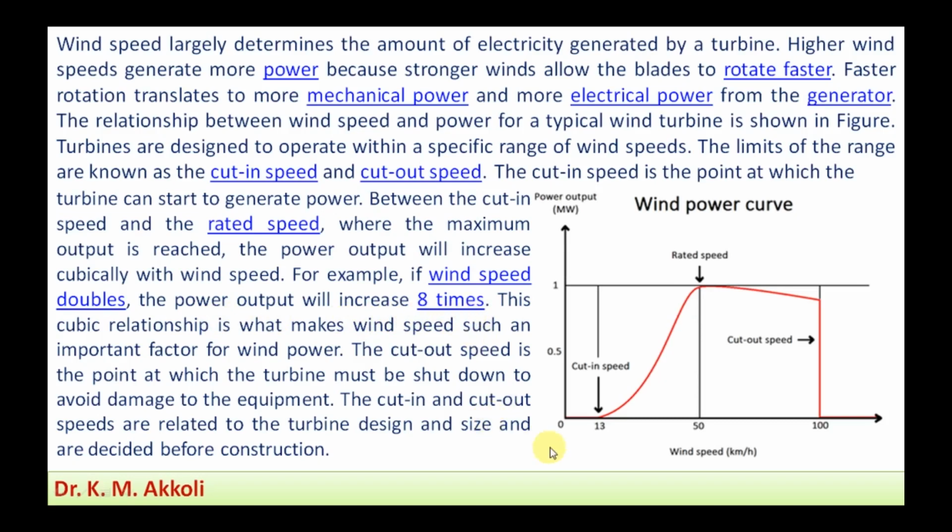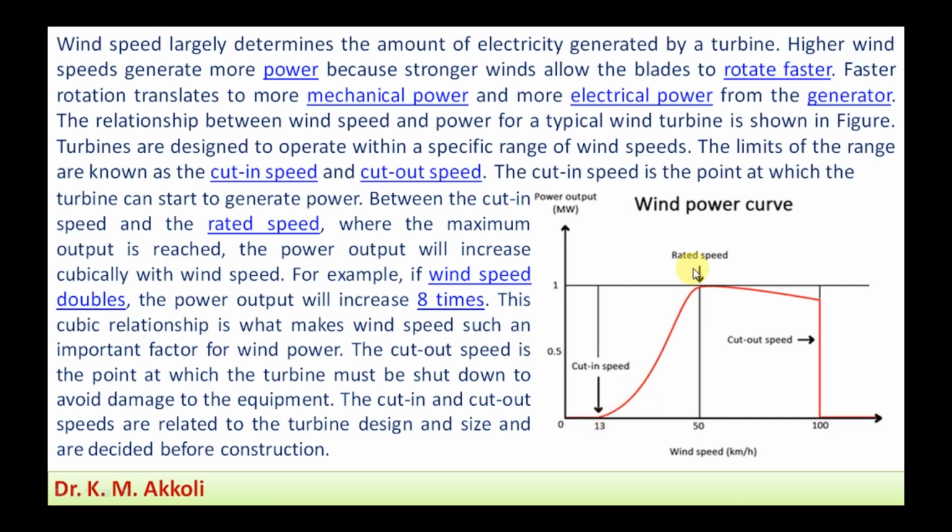This is the plot of power output against wind speed. Up to 13 km per hour there is no power generation. Beyond 13 km per hour, the cut-in speed, power generation starts.